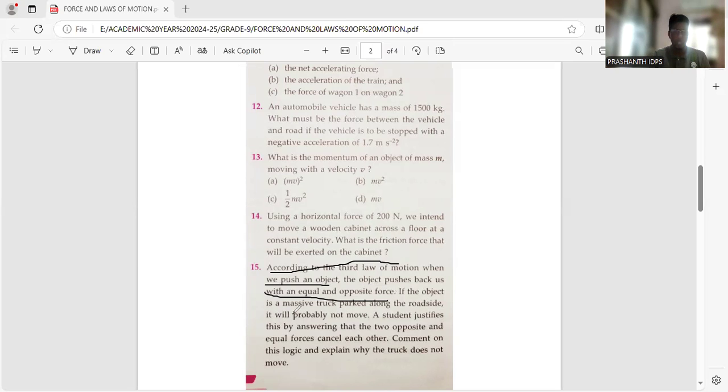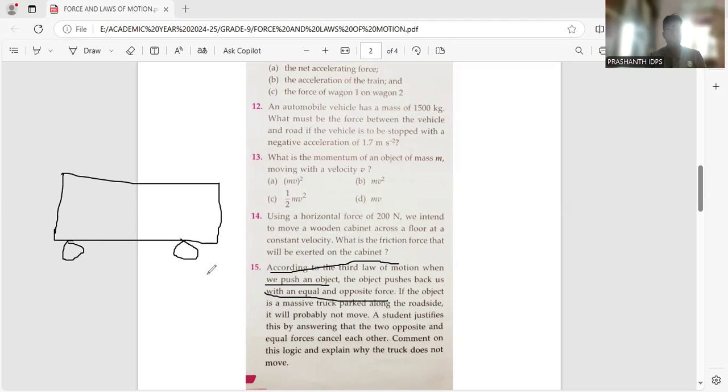If the object is a massive truck parked along the roadside, it probably will not move. A student justifies this by answering that the two opposite and equal forces cancel each other. Comment on this logic and explain why the truck does not move.